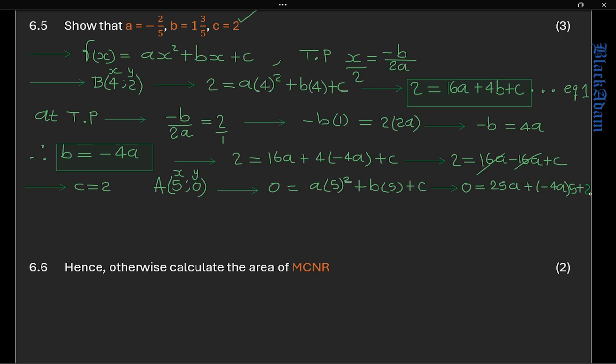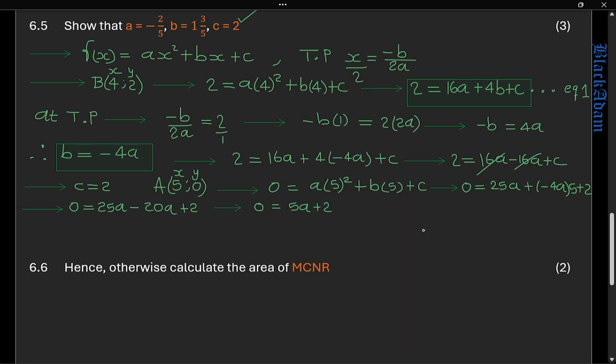Okay, so remember our b is negative 4a, so we substitute negative 4a there, multiplied by 5, plus 2, so we have 0 equals 25a, and then also the signs there, the multiplication, so that's going to be negative 20a plus 2, our c is 2, and that will give us 0 equals 5a. 25a minus 20a is 5a.